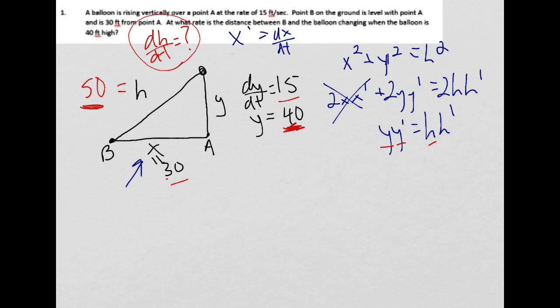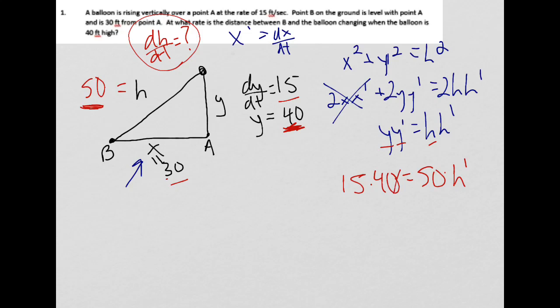Remember, I'm looking for dh/dt, so I can actually plug in. So I get y times y prime gives me 15 times 40 equals 50 times h prime, that's dh/dt.